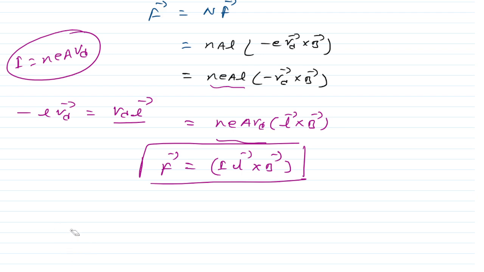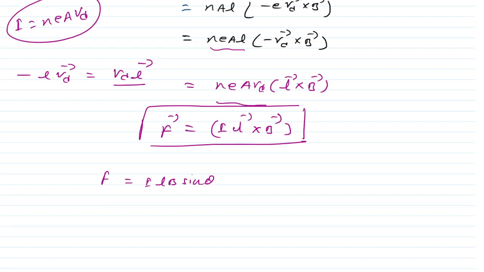Let's erase this part, not needed. So finally we got the expression of force, and if you want to write the magnitude of force, we can write ILB sine theta. Theta is the angle between the B vector and the IL vector.